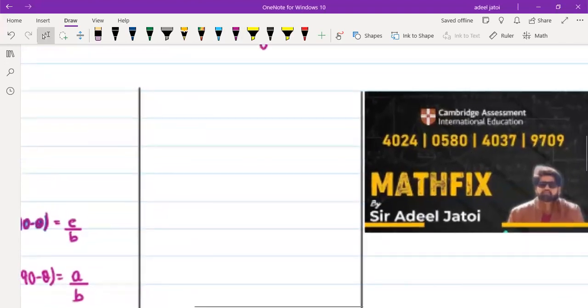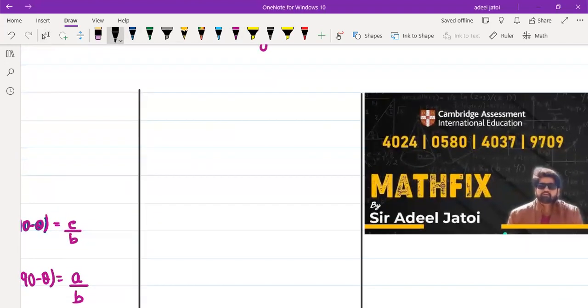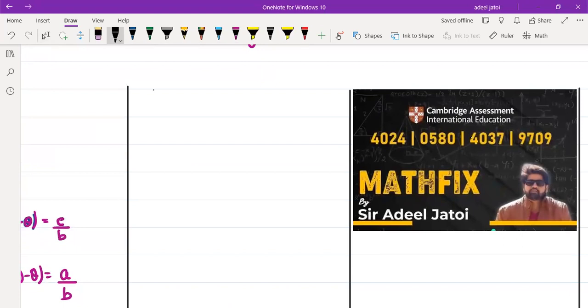Now, moving on to an example question. Let's say we have been given a right angle triangle, considering this as A, B, and C. Do not assume this is a right angle triangle unless the right angle mark is given. That means the question gives a sign, or tells you the horizontal meets the vertical.